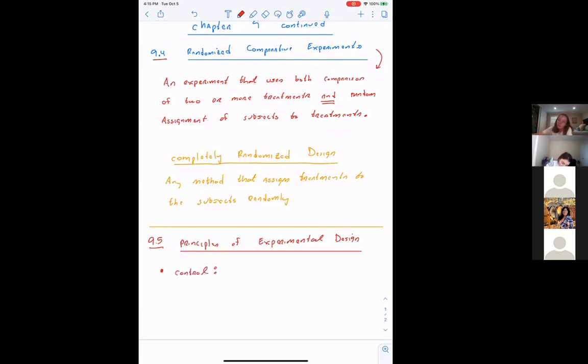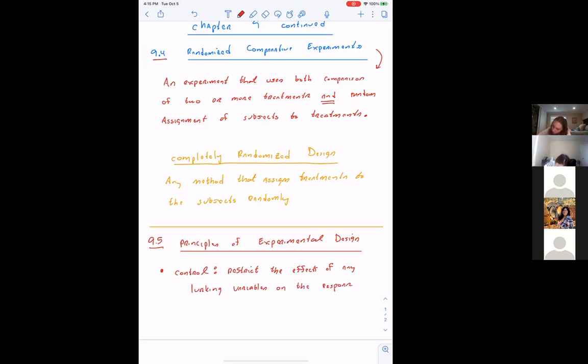What do I mean by that? Restrict the effects of any lurking variables on the response.